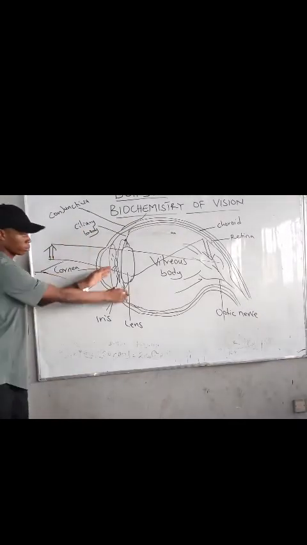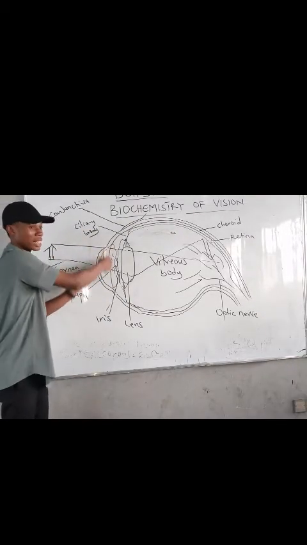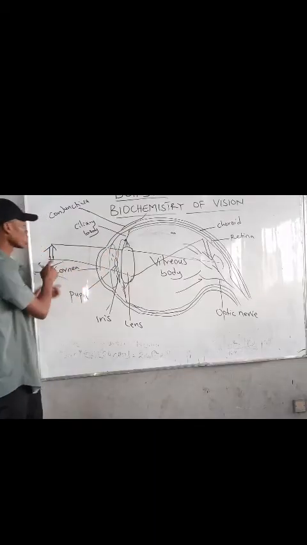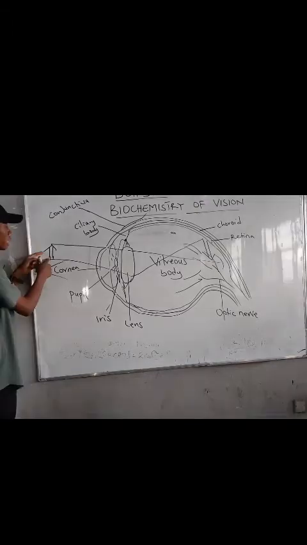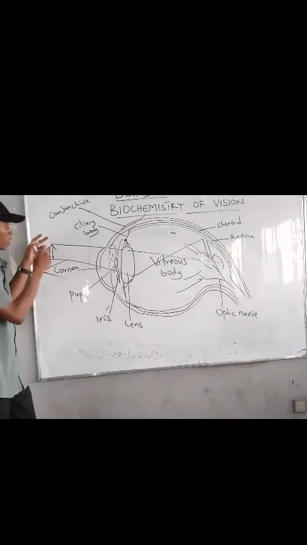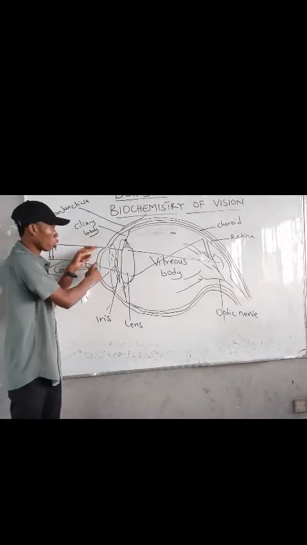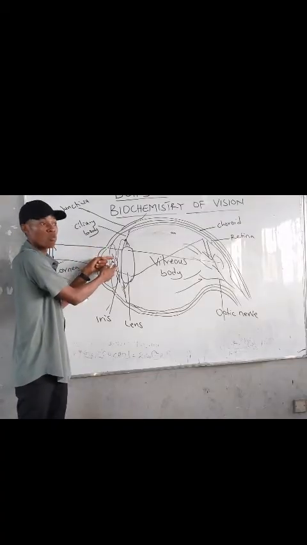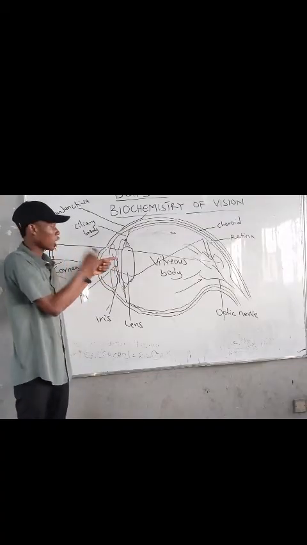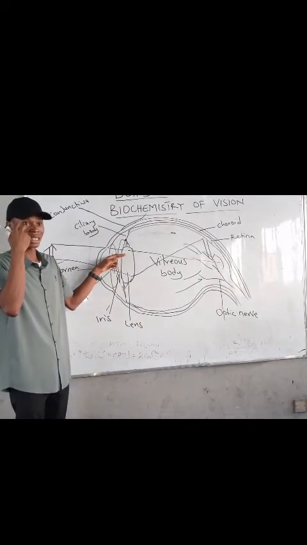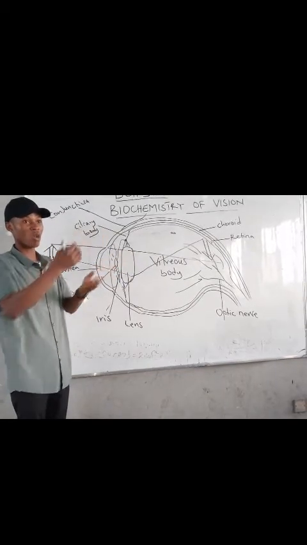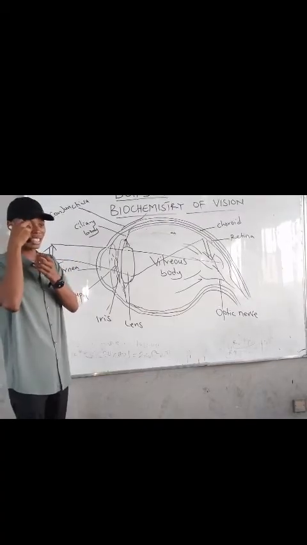This is your eye. This part here is the external. And we say this is the object you want to see. Now, light from this object passes through your cornea, passes through your pupil, which is the small black part here, and falls on the lens. You are not seeing your lens because it's part of the internal eye. But if you volunteer and come out, I can show you one lens.